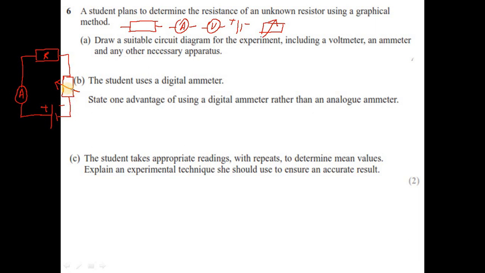In this experiment, we are studying R or the resistor, so the voltmeter should be parallel to the resistor. That's how you draw your circuit diagram.